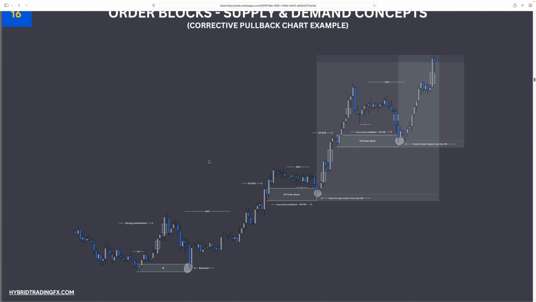You have all those good confluences, and then on the other side you have, I don't know, a weak candle close and an aggressive pullback, and then you're basically making your decision. On the one side you have 5 good confluences, and on the other side you have 2 bad ones.